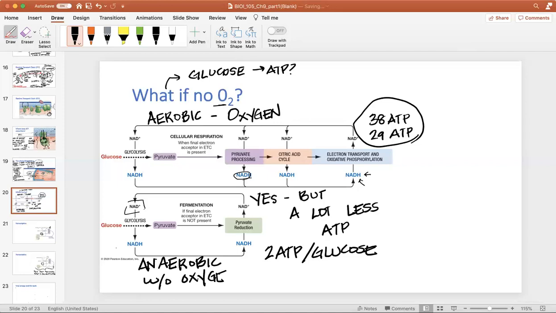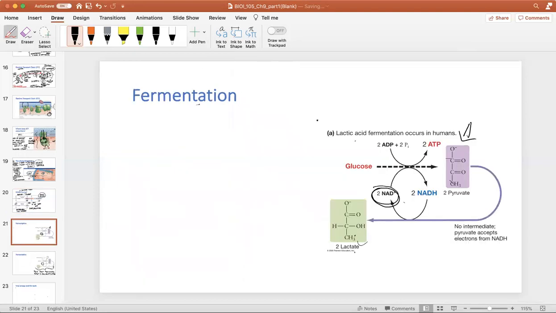Now let's look at why that is, okay? Without oxygen, in anaerobic respiration, what happens is you can still do the first part of cellular respiration. Remember that the first part of cellular respiration is glycolysis. Okay, so you can still do glycolysis, which is the first part of cellular respiration.